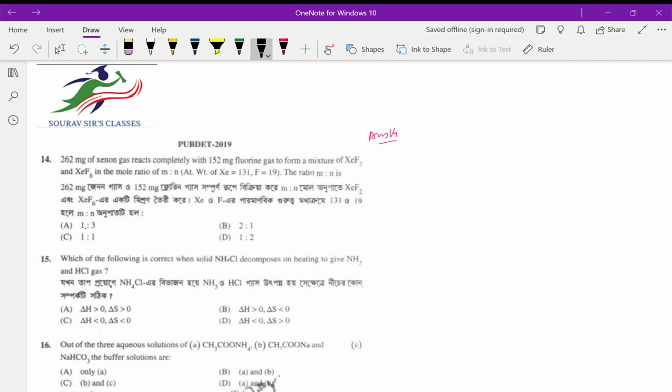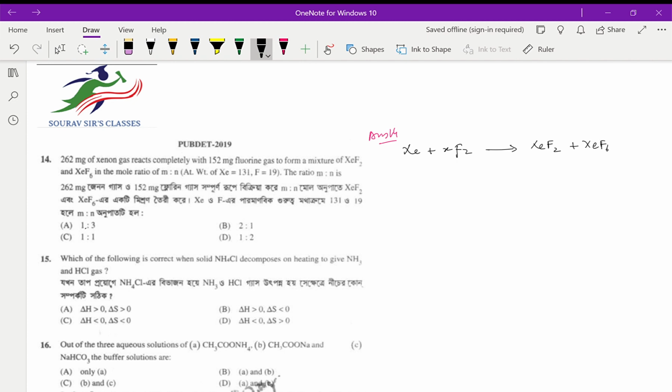So for this reaction, xenon is reacting with some moles of F2 and it is forming XeF2 and XeF6.